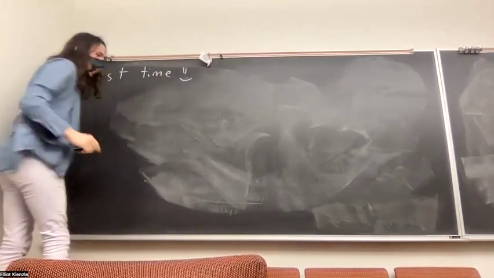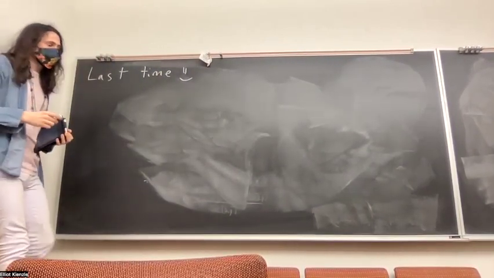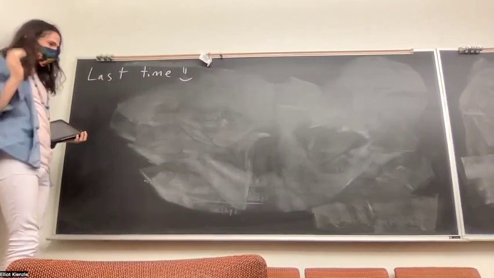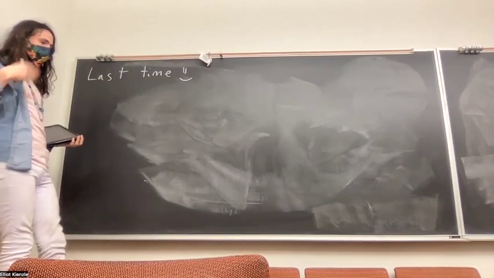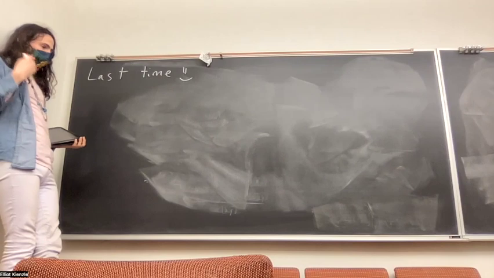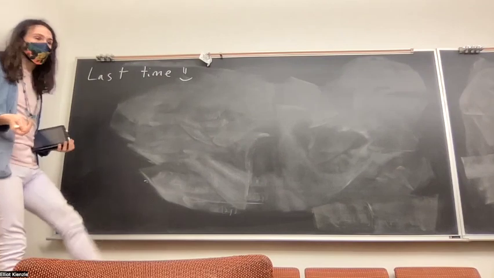Last time, we talked about spin stuff, because spinors and spin geometry is sort of the underlying structure that supersymmetry is built on top of.